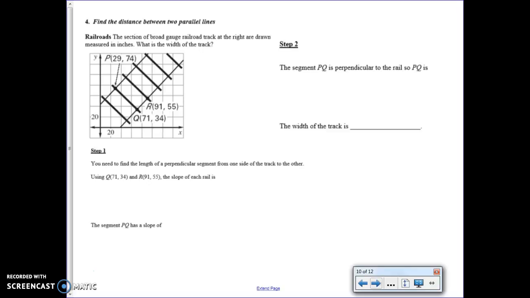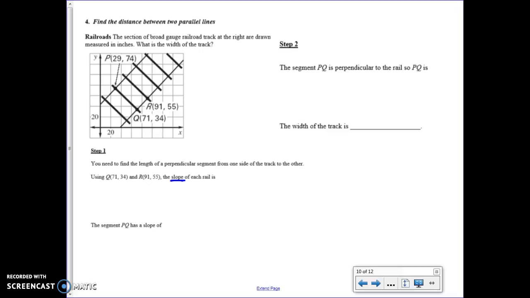So the first thing we want to do is check out the slopes, because we know, think back to Algebra 1, that when slopes are the same, lines are parallel, but when slopes are opposite reciprocals, lines are perpendicular.